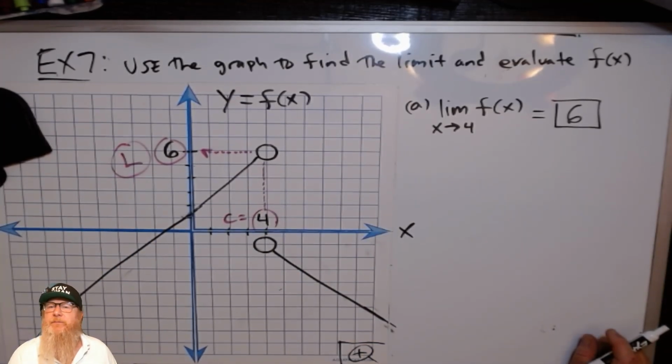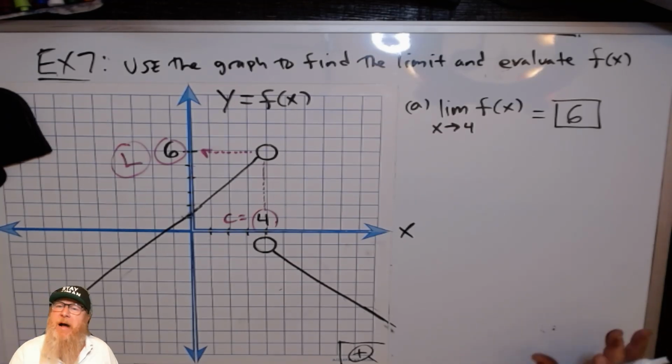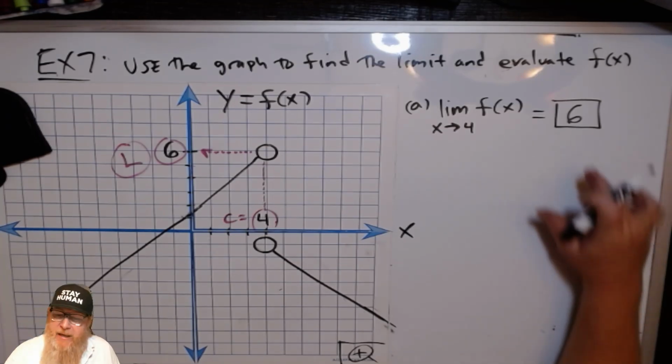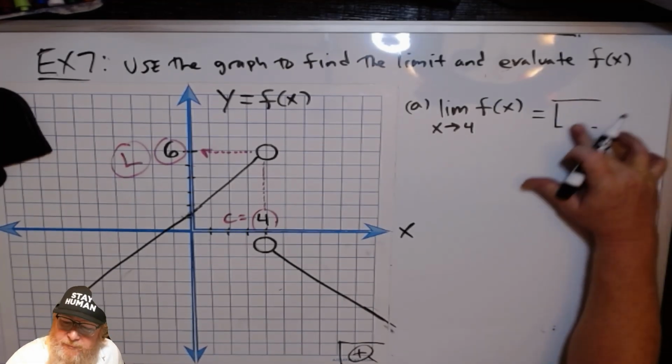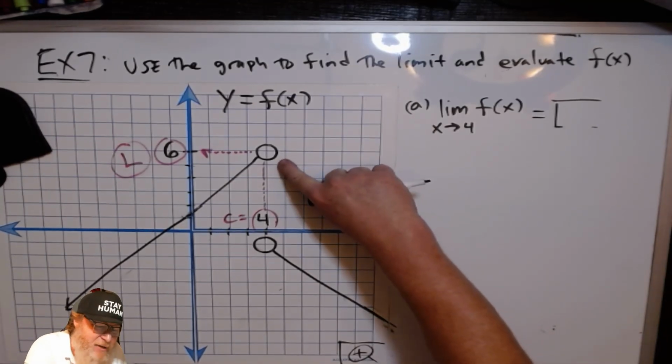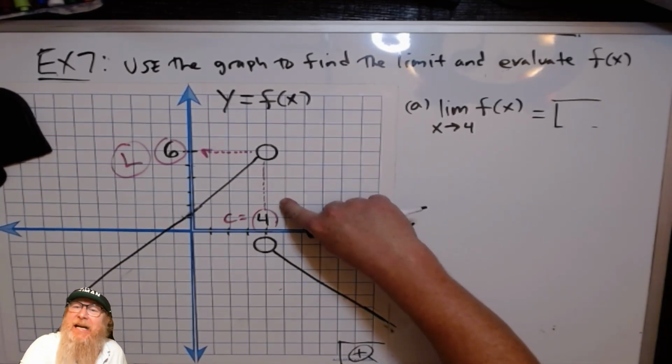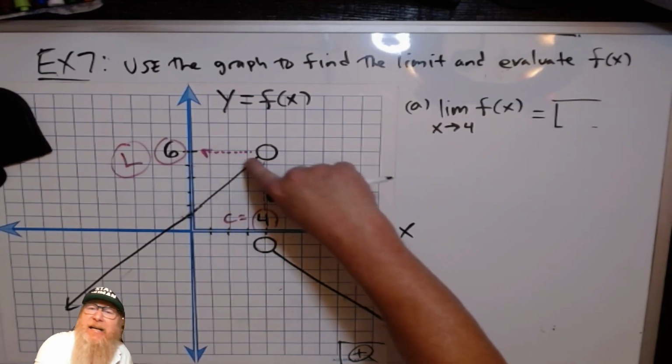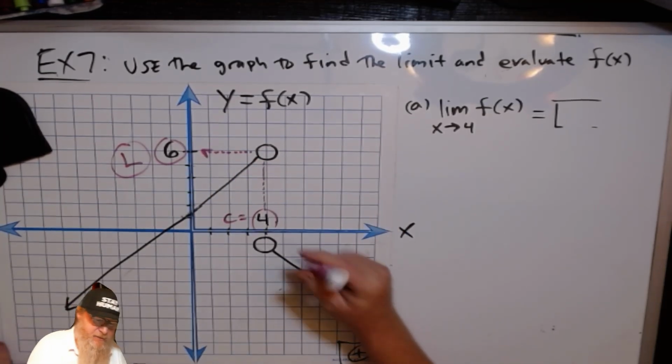All right. Well, we have a problem here. Yeah. This is actually not the correct answer. Because as you get close to C, this side is equal to 6.